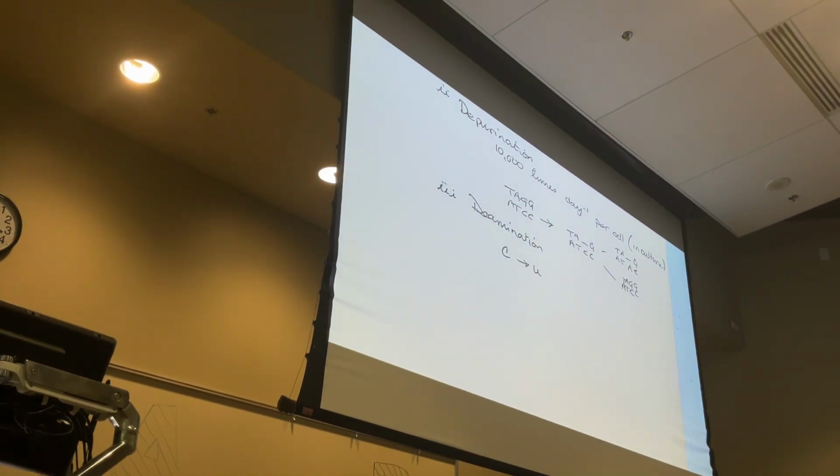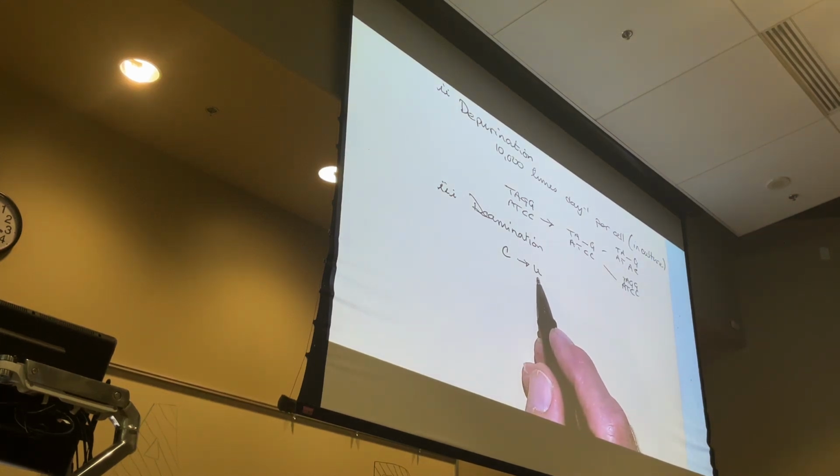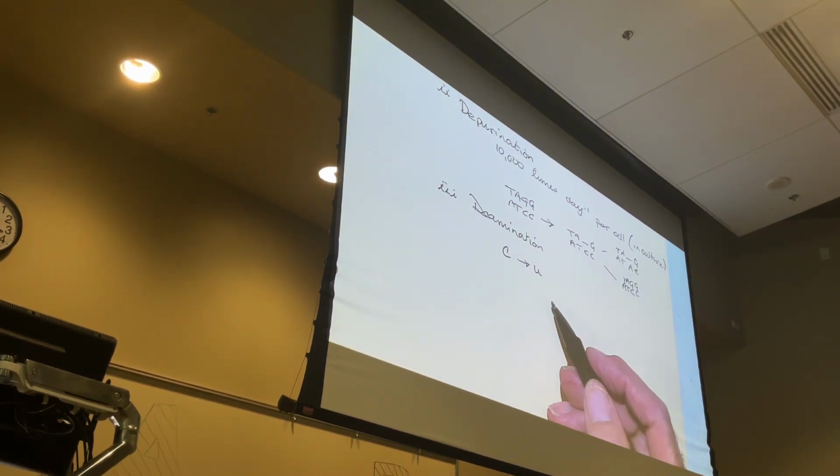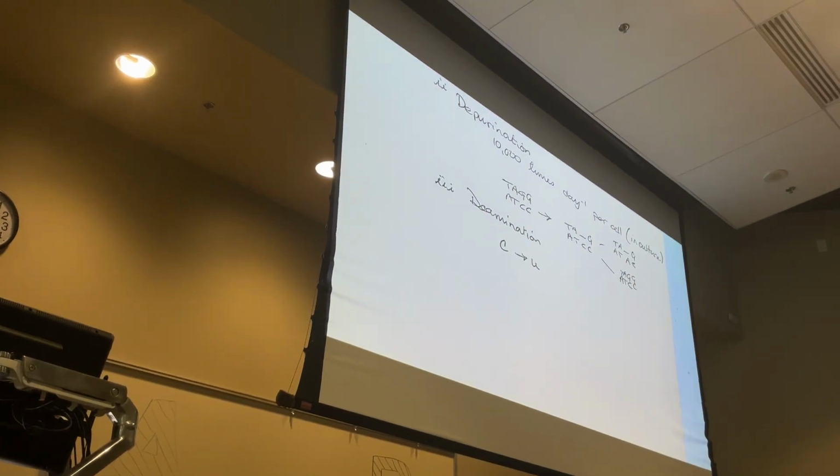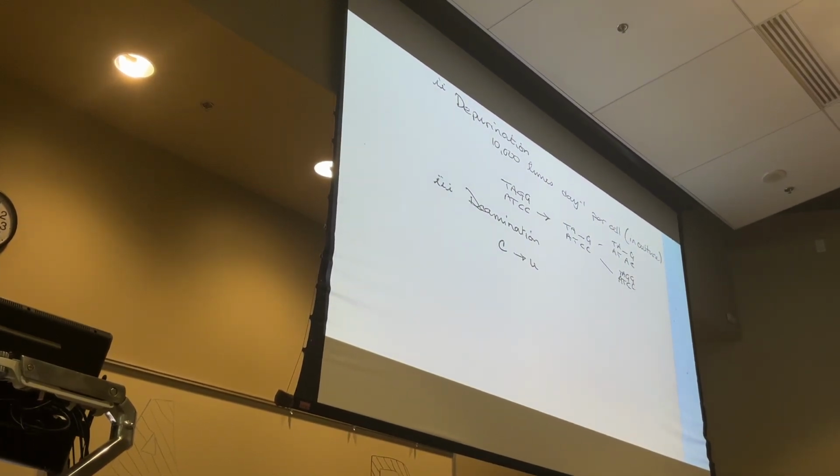Now you can see that this is going to be a problem, right? Because cytosine will normally pair with guanine, but if it's changed to uracil, that's going to tell the complementary strand to be an adenine. So it's definitely going to cause a mutation during DNA replication.